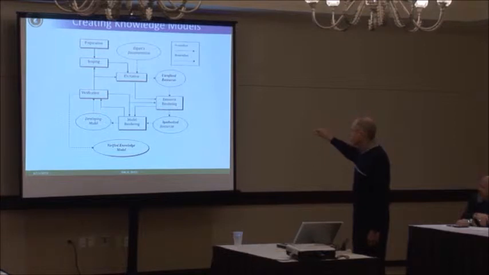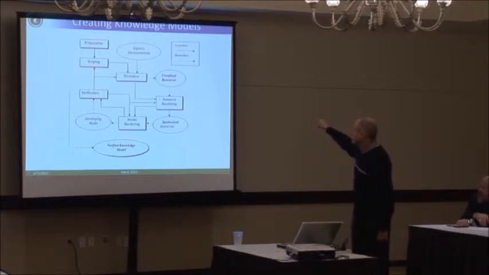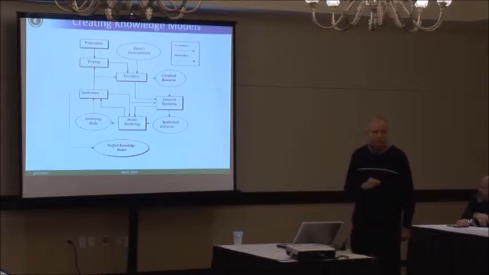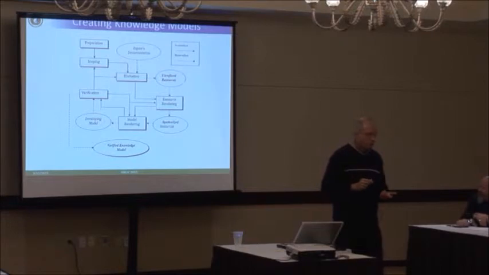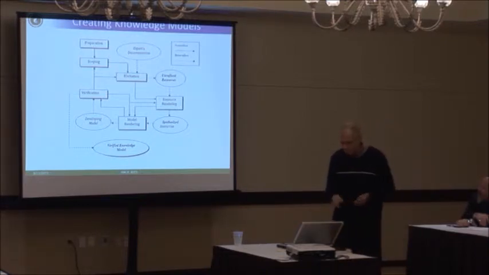We go through a verification, should have listed validation as well, with the expert. This could lead to a modification of scope if we discovered something really important that we really need to address as well. Additional knowledge elicitation, additional resource rendering, additional model rendering, and we basically turn the crank on this until we have a verified knowledge model.